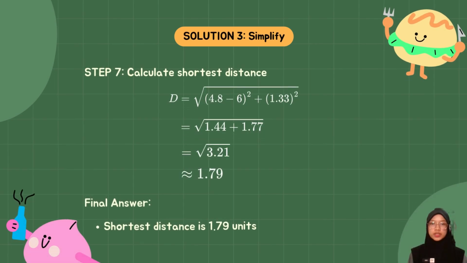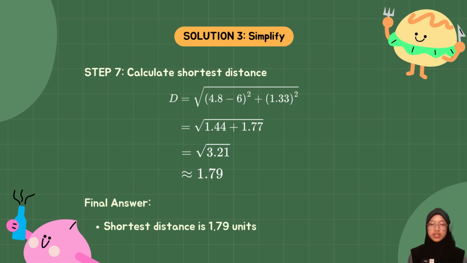Then step 7, we calculate the shortest distance. The values we got earlier, we can put into the distance formula. So we have d equals square root of (4.8 minus 6) squared plus 1.33 squared.